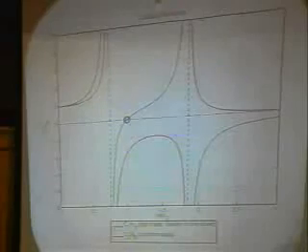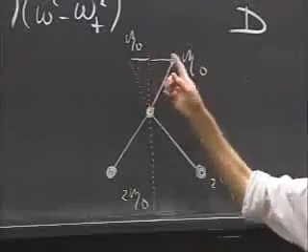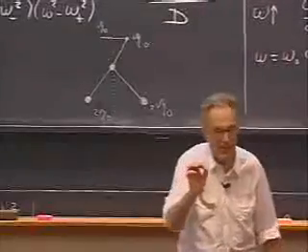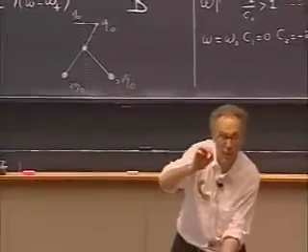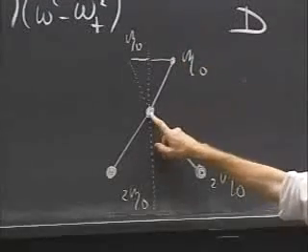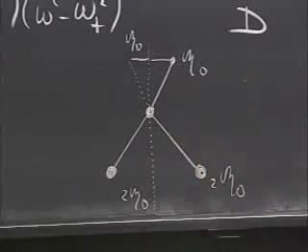and be driven by my hand. I have to keep moving this, otherwise this will go to pieces. I must keep doing this all the time at that frequency, which is exactly the resonance frequency of a single pendulum. It is that omega 0. I must keep doing this, and this one does nothing, and this one has double the swing of this and is out of phase.